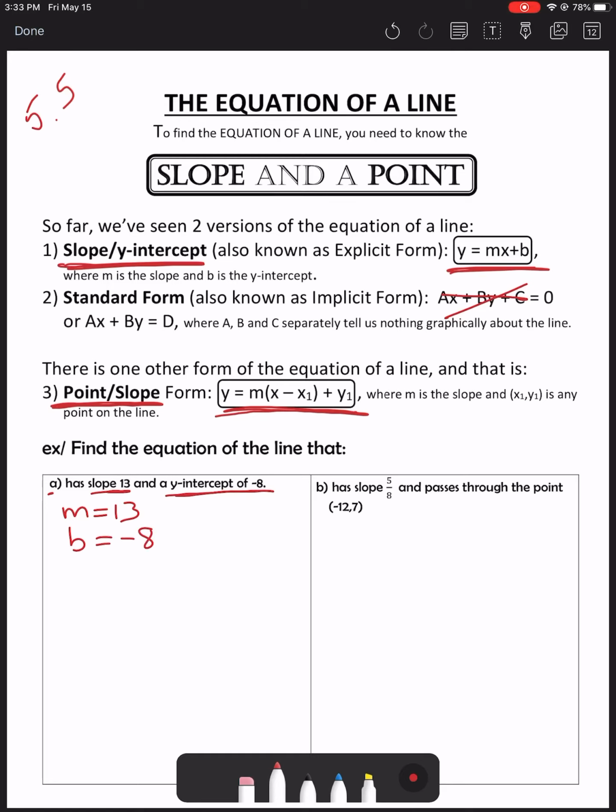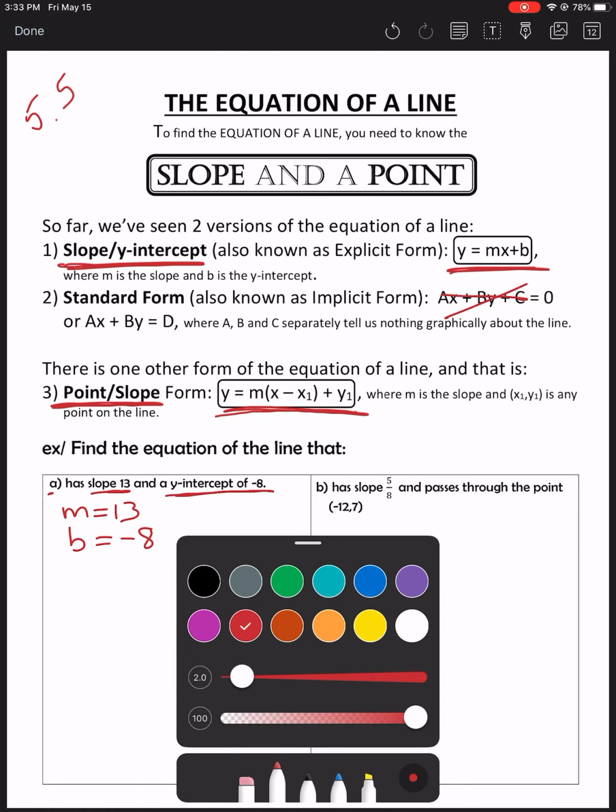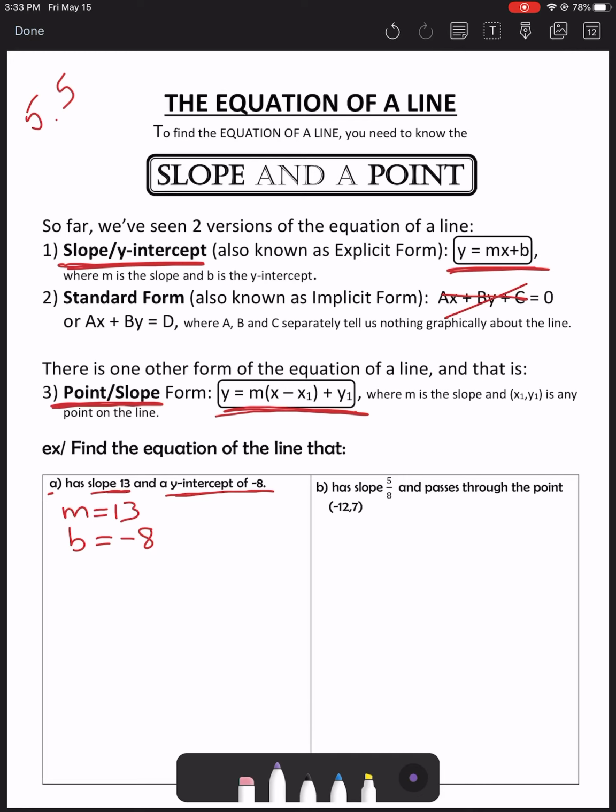So in this case, I would use this version because I know m and I know b. So why not use it? So then therefore, y equals 13x, since m is 13, and b is -8. And you're done.